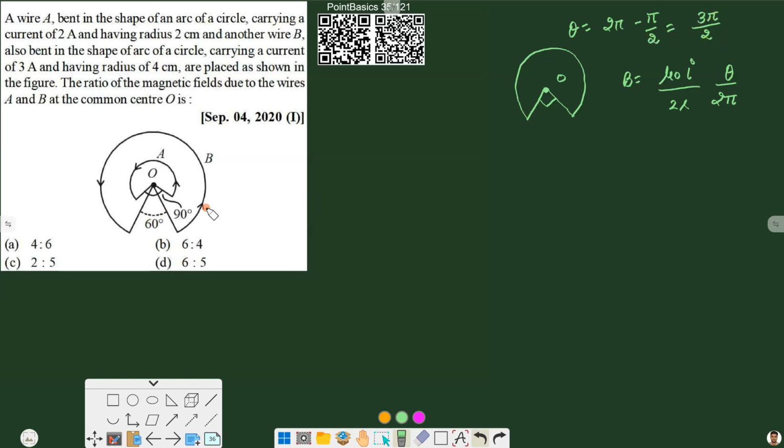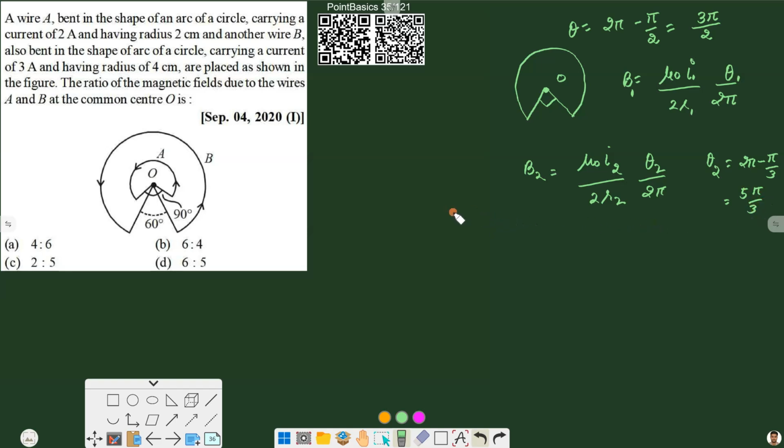And in the second case, B2 will be given by mu naught I2 by twice of R2 into theta 2 by 2 pi, and theta 2 will be 2 pi minus, because in the second loop only 60 degree is missing, and 60 degree is equal to pi by 3 radian. So it will be 5 pi by 3.